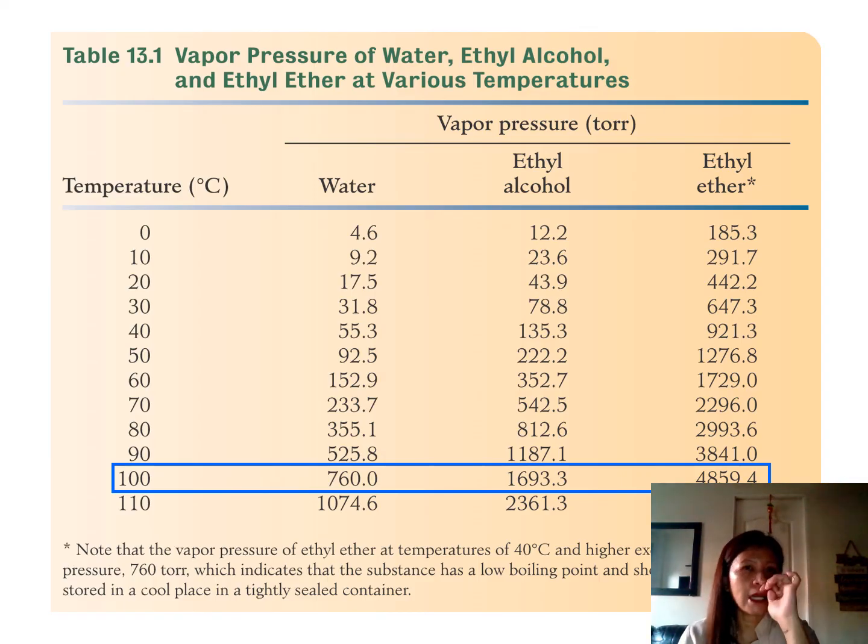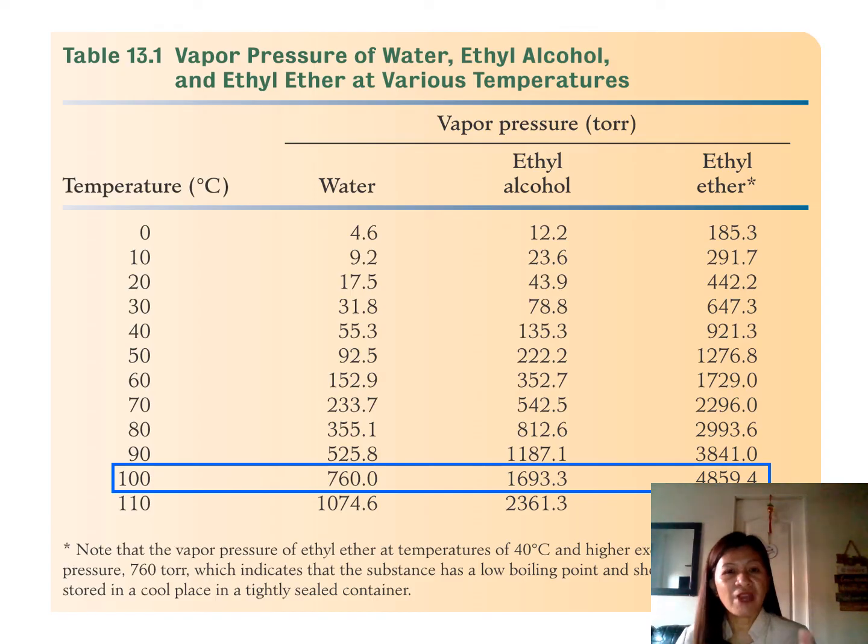So again, anong relationship ng boiling point, vapor pressure sa intermolecular forces? The stronger the intermolecular forces, the higher the amount of energy required to vaporize. For a liquid to vaporize, we need energy. So the greater amount of energy required to vaporize, the greater the boiling point. So, ang pagtaas ng vapor pressure ay may kinalaman sa amount of vaporization.